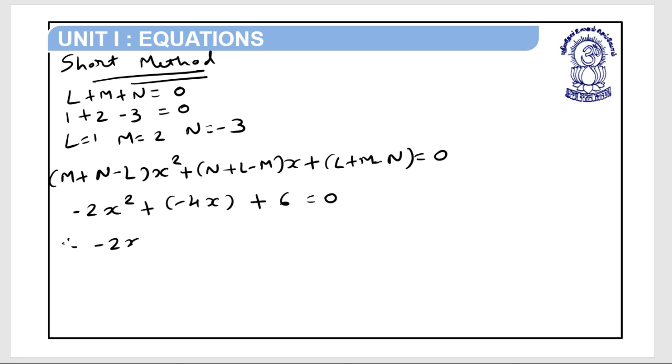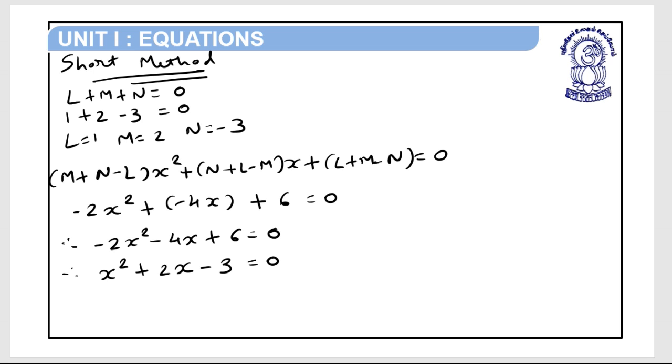So minus 2x square minus 4x plus 6 is equal to 0. 2 common, so x square plus 2x minus 3 is equal to 0.